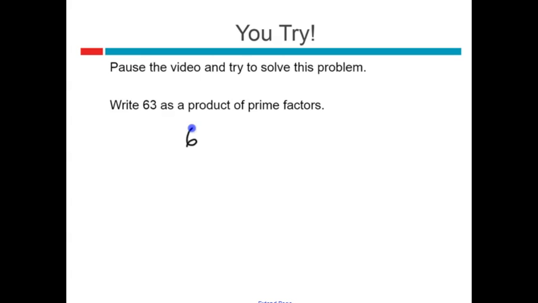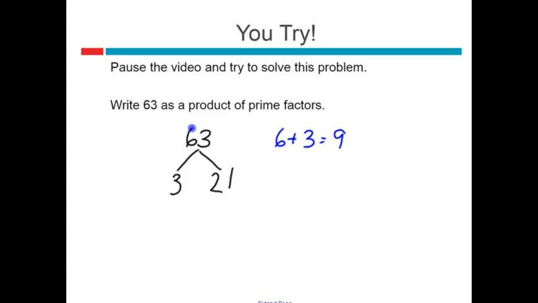So 63, if I add 6 and 3 together, that's 9. So I know that 63 is divisible by 3. So 3 times what number gives me 63? Well, 3 goes into 63 21 times.